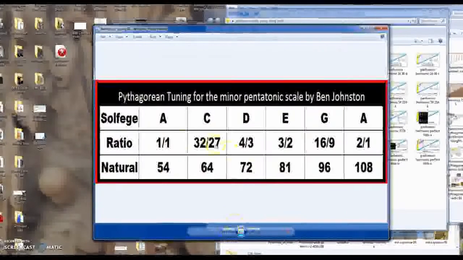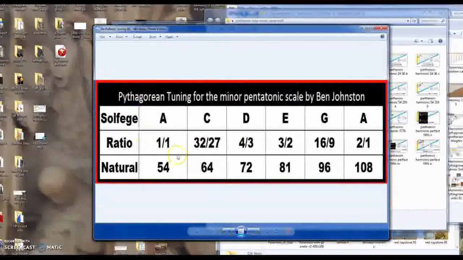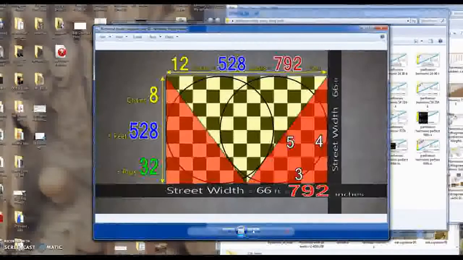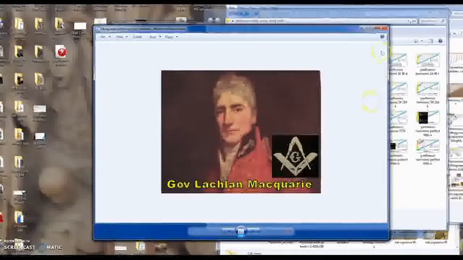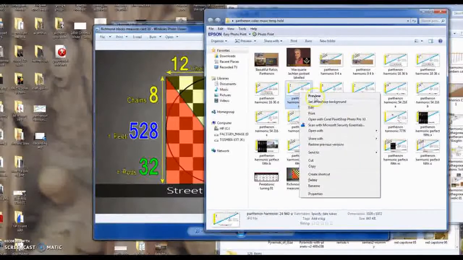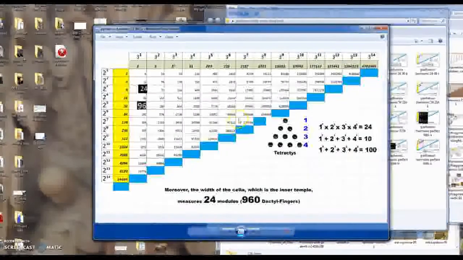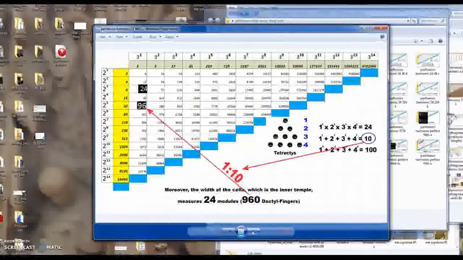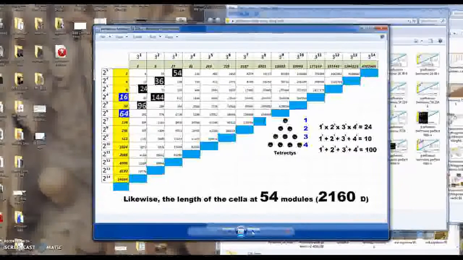Okay, and also she talks about pentatonic tuning. So here's an example: 54, 64, 72, 81, 96, 108. Let me try and find, okay, so if we extend those numbers, I'll go through them.